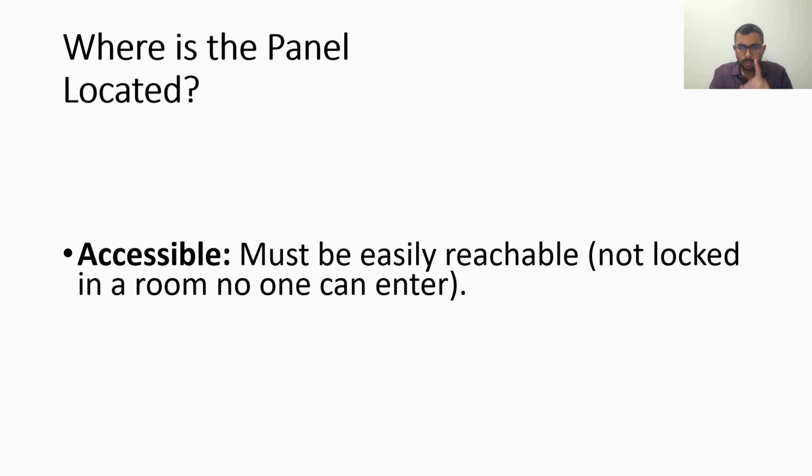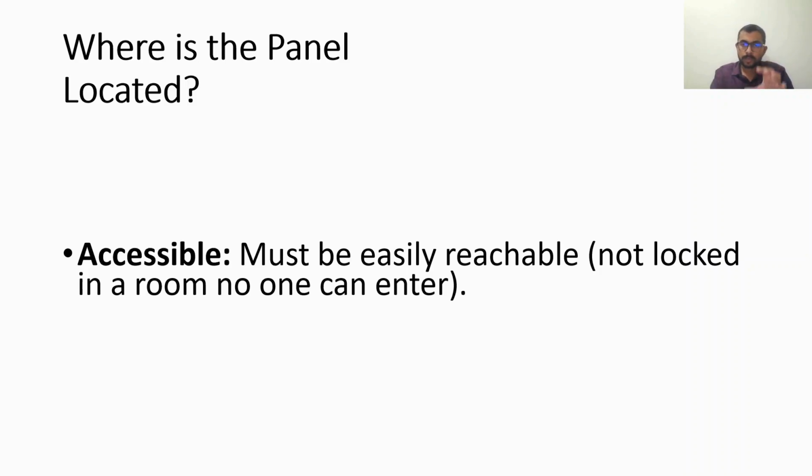Normally in many of the modern buildings, we have a dedicated room which is called the fire command center. That fire command center is accessible only to the security guards, or to the responsible person who is representing the building.